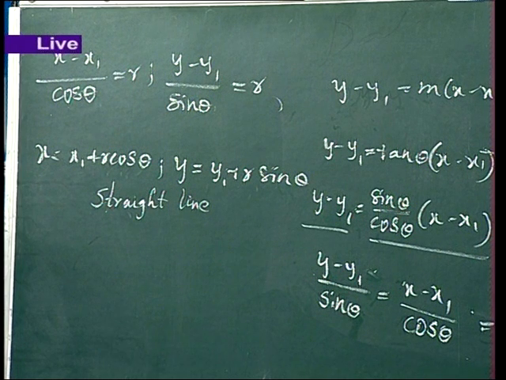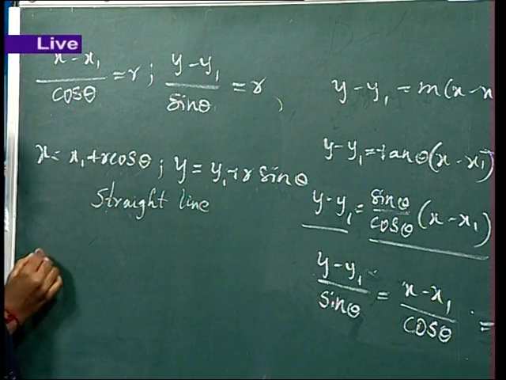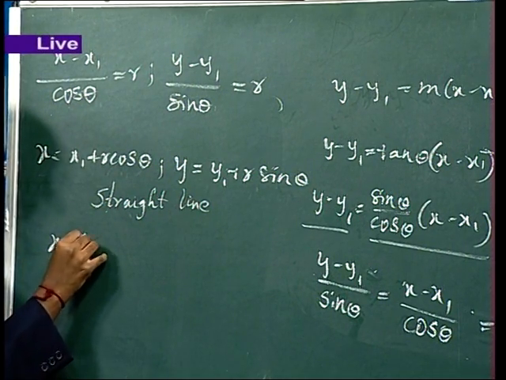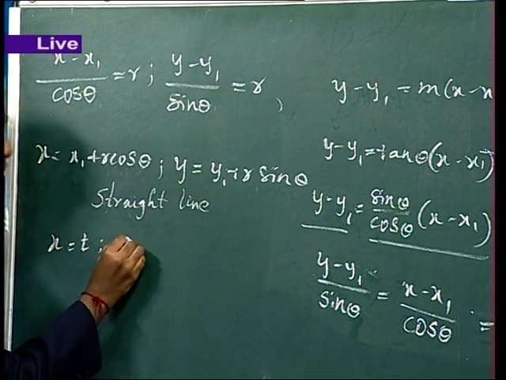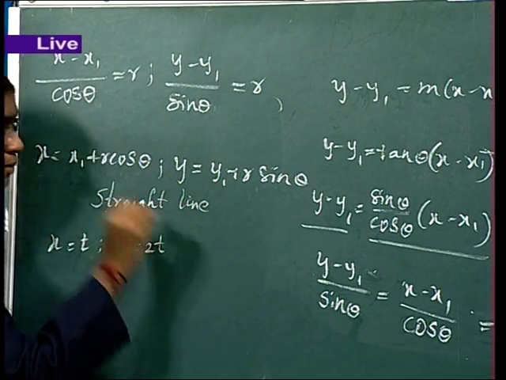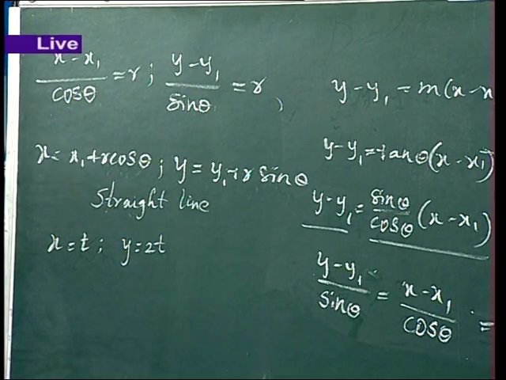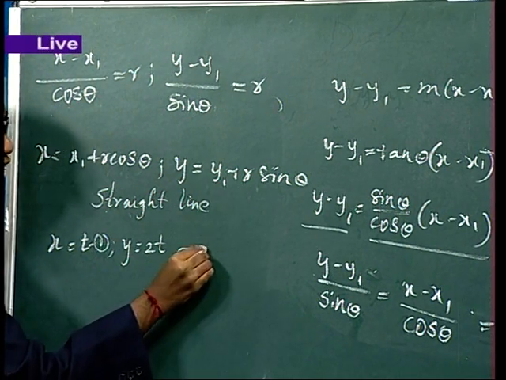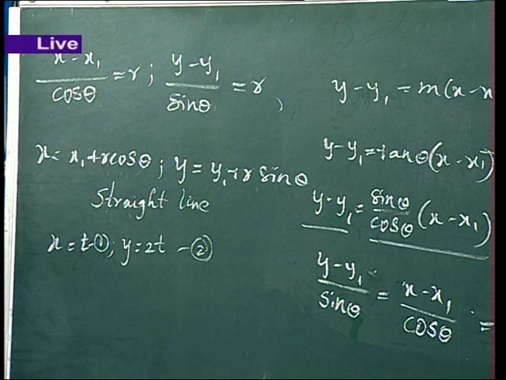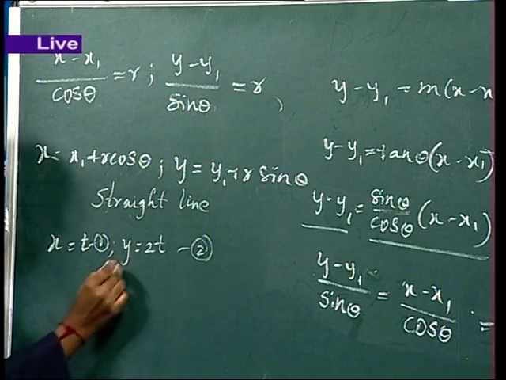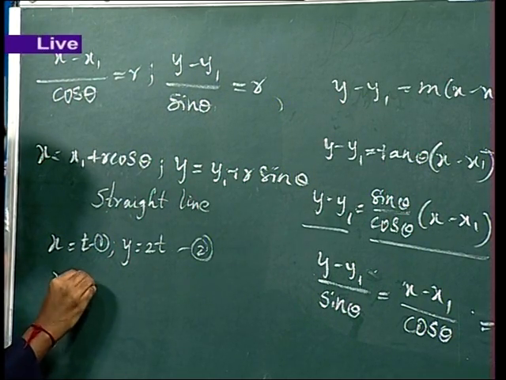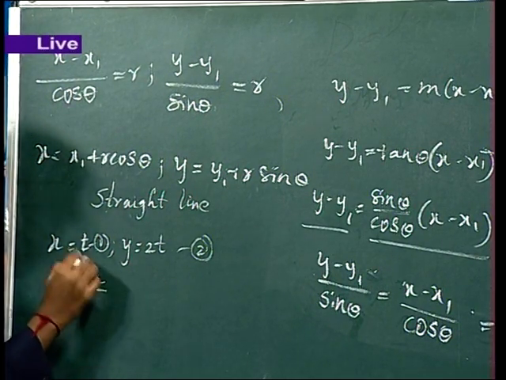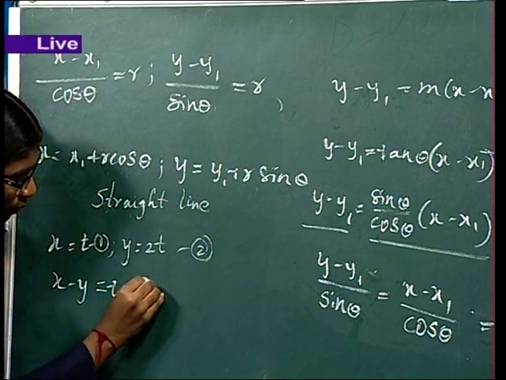Okay, we are going to take some examples. We are taking two parametric equations. If we take x equals t, then y equals 2t. This is equation 1 and this is equation 2. If we subtract equation 2 from equation 1, what do we get friends? Here x minus y is equal to t minus 2t.